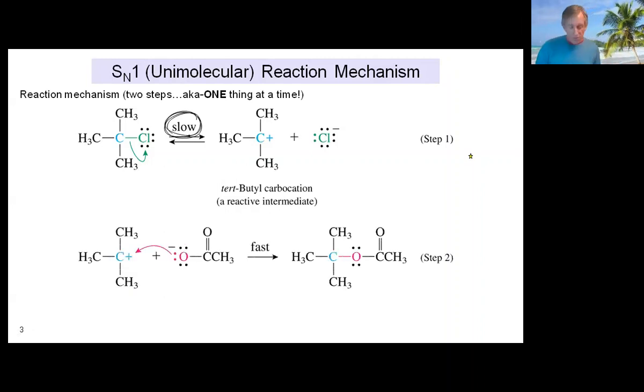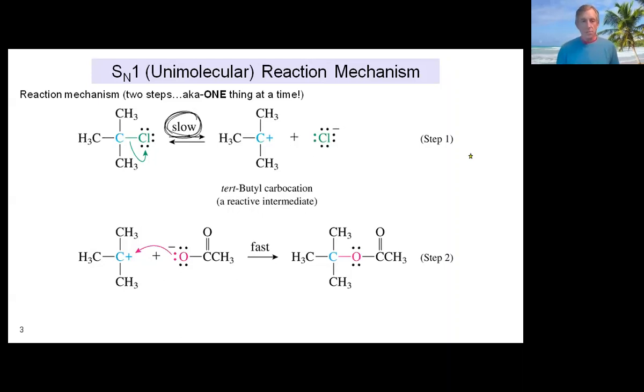Once the leaving group falls off and creates this tert-butyl, otherwise known as T-butyl carbocation, that carbocation will react immediately as a three-bonded carbon, immediately react with whatever lone pair nucleophile you have in there. It does not have to be negatively charged like the one I have in there right now. This acetate, this is a good nucleophile. I could use a poor nucleophile.